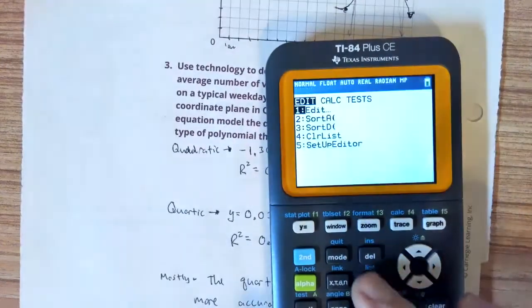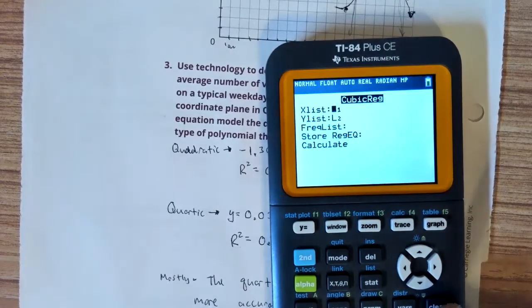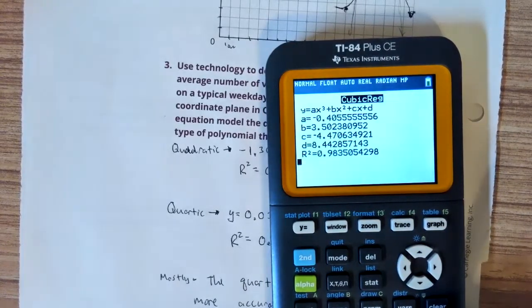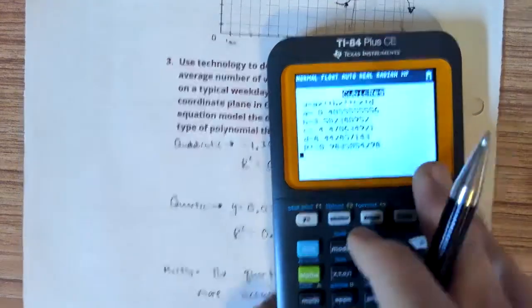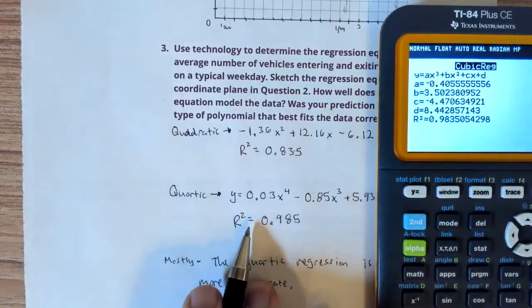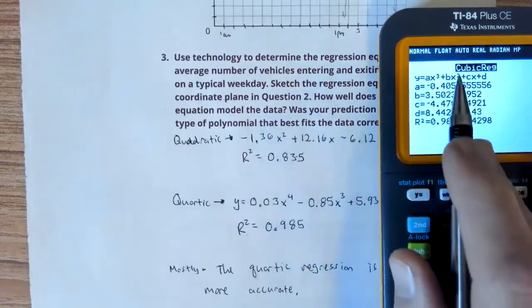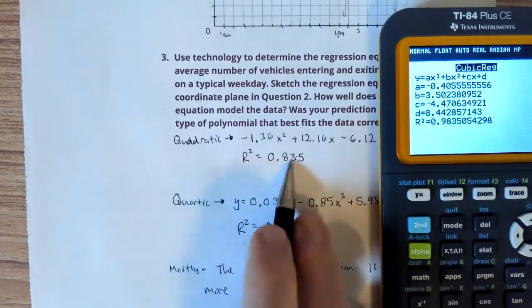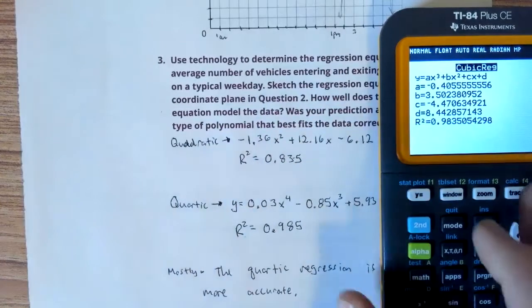So just for one more example here, if I went down to cubic regression and I calculate this, gosh, that is very high as well. Not quite as high as the quartic function. So the quartic is still best, but the cubic actually did better than the quadratic function. Its r-squared value is higher than this r-squared value.